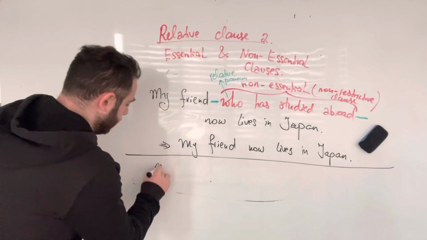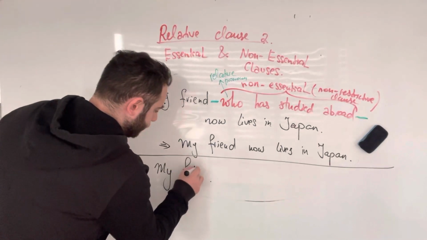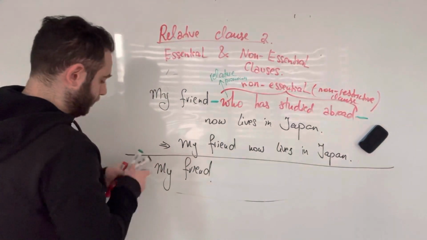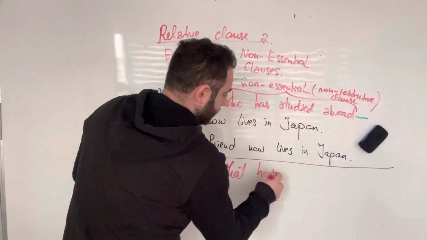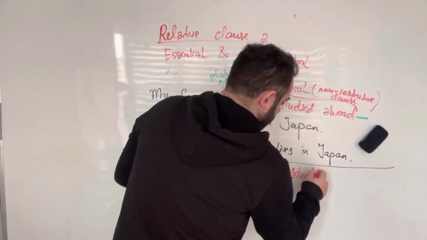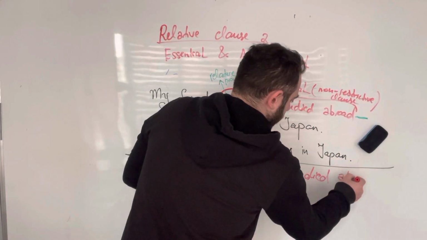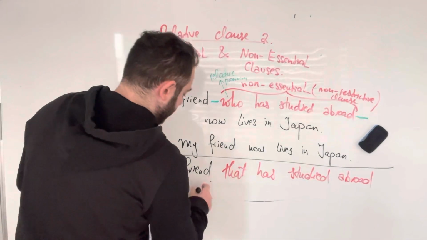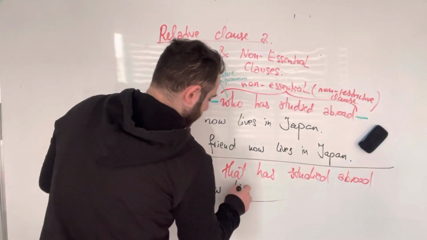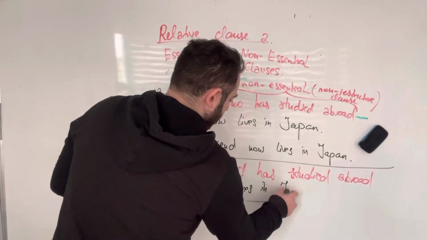For example, my friend that has studied abroad now lives in Canada. Now lives in Japan, I've written here, Japan.